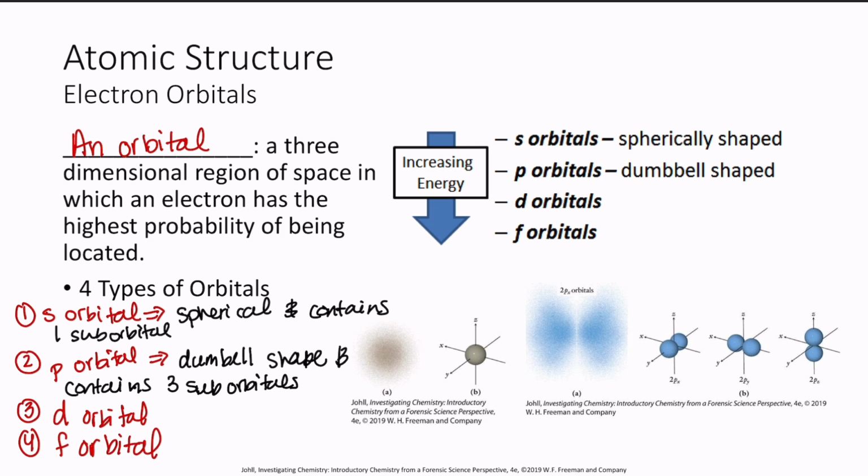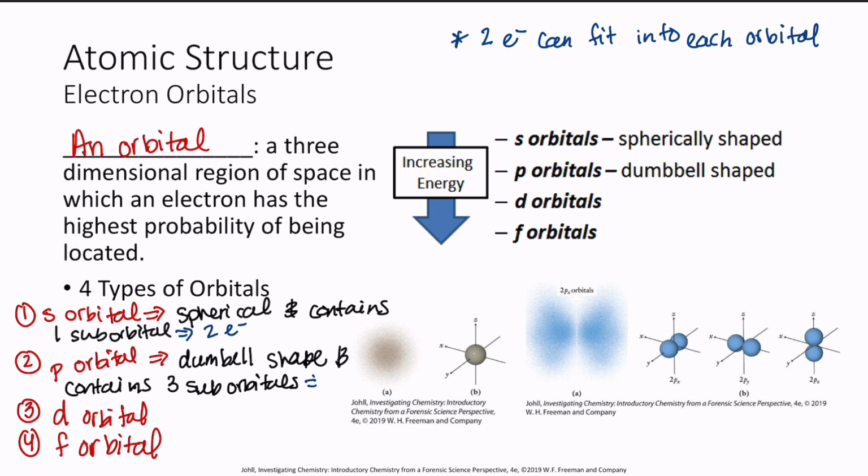Now, something you need to be aware of is that two electrons can fit into each suborbital. So if we have something like the s orbital, there's only one suborbital, so we can fit two electrons.